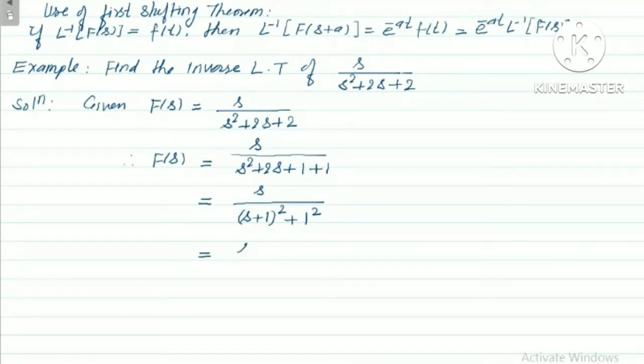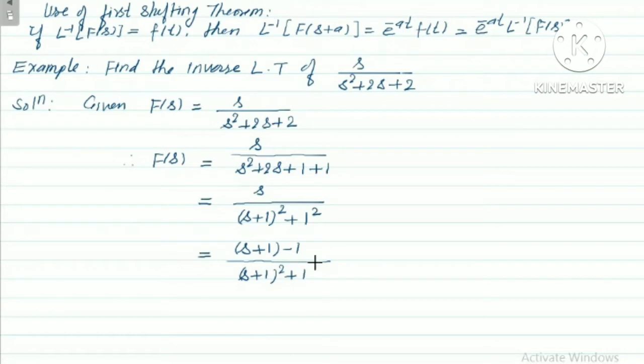So we write here s plus 1 minus 1. Is there any change in the numerator? No. If I add and subtract 1 in the numerator, there will be no change. So s plus 1 minus 1 over s plus 1 the whole square plus 1.